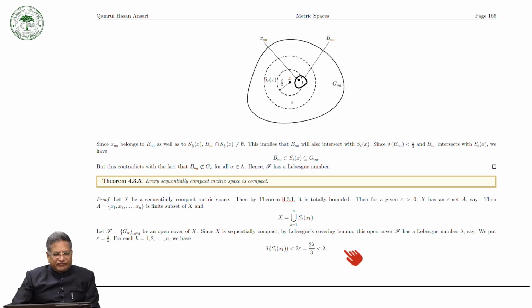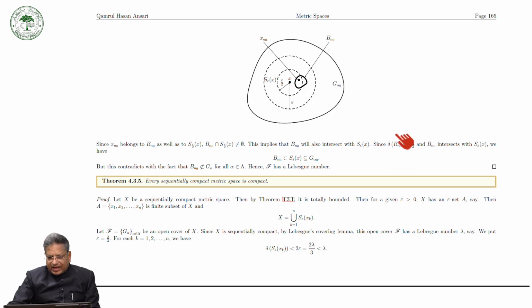Therefore, since xn naught belongs to Bn naught as well as to S(x, epsilon by 2), the intersection of these two sets is non-empty. This implies that Bn naught will also intersect with S epsilon x.